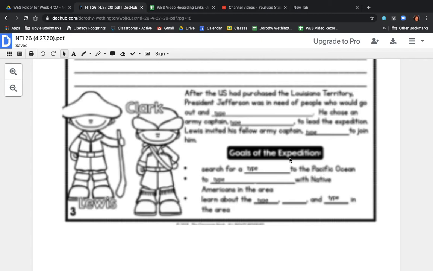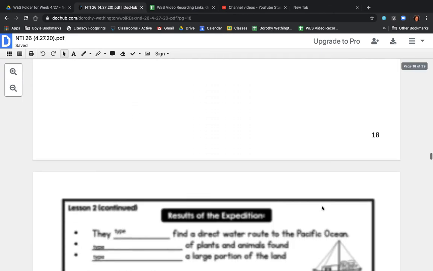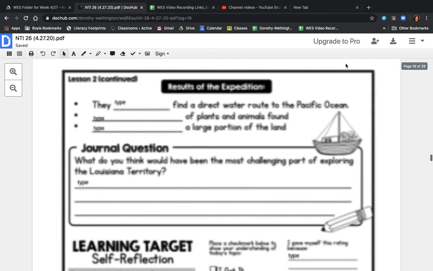Goals of the expedition: search for a blank to the Pacific Ocean, to blank with Native Americans in the area, and learn about the blank, blank, and blank in the area. Results of the expedition: they blank find a direct water route to the Pacific Ocean, blank of plants and animals found, and blank a large portion of the land.